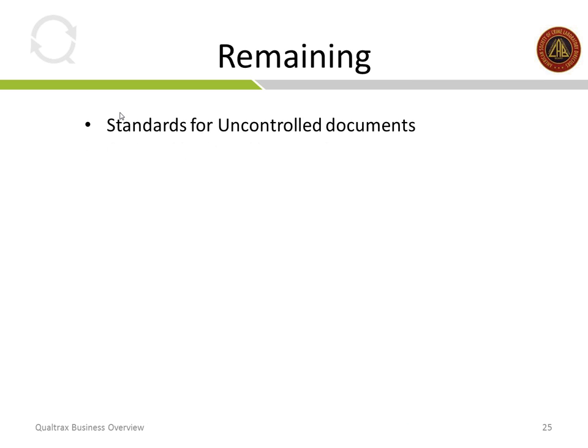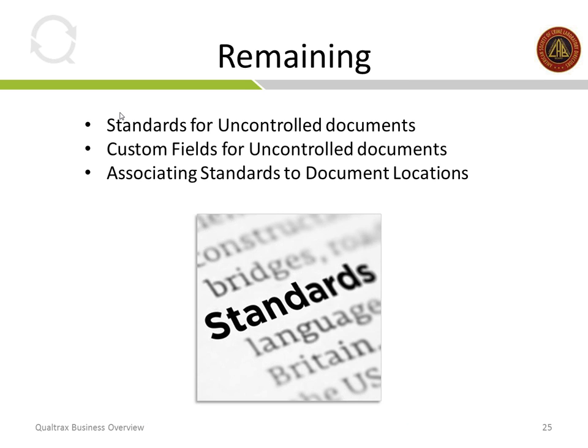We'll also allow for standards to be applied to uncontrolled docs. And this will be used in some of the technology I'll mention towards the end of this presentation for our Qualtrax customers: custom fields for uncontrolled docs. This is part of what will be helpful to apply the right standard in the right place in the bookmarking and some of the behind-the-scenes automation. But also ultimately associating standards to the locations or those bookmarks in documents as well.